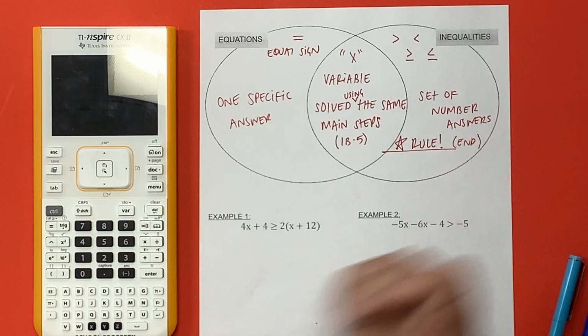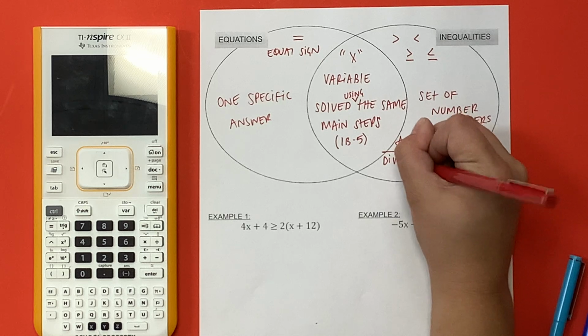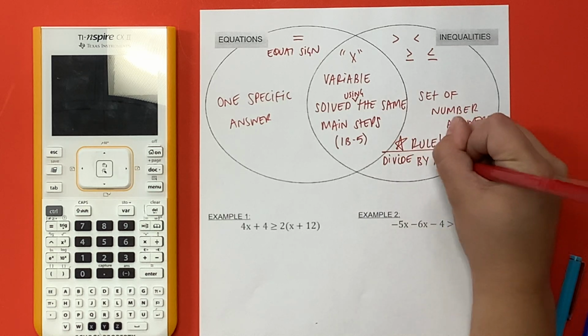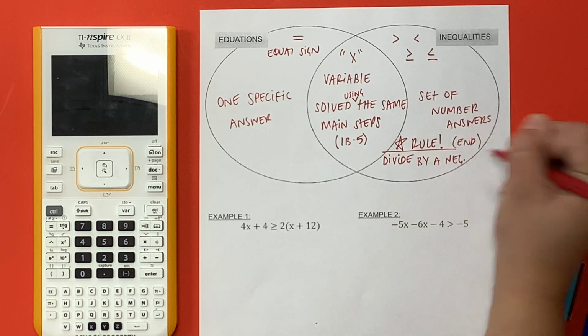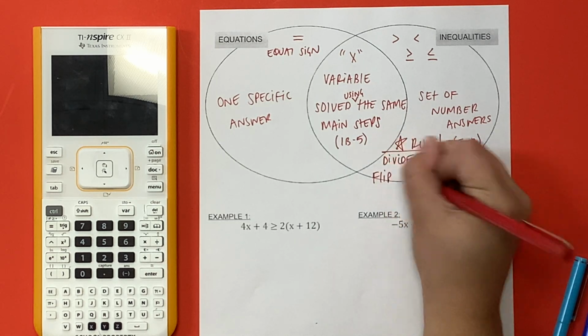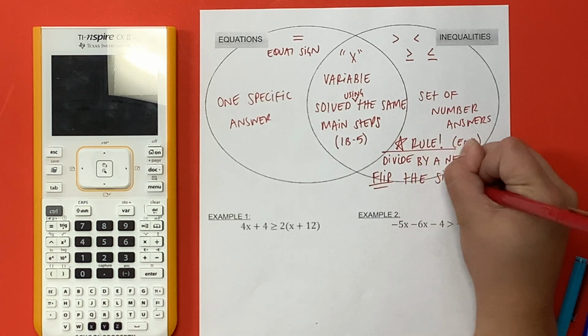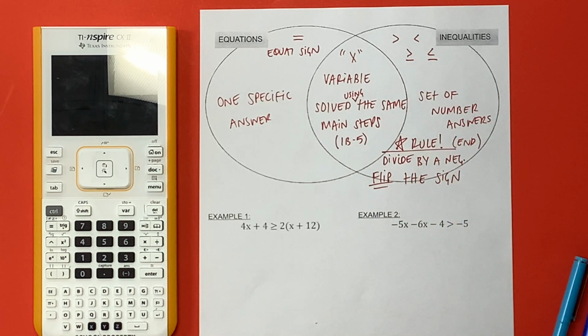At the very end, if you ever divide by a negative, which you will see some examples of in a second, we have to flip the sign of the inequality.